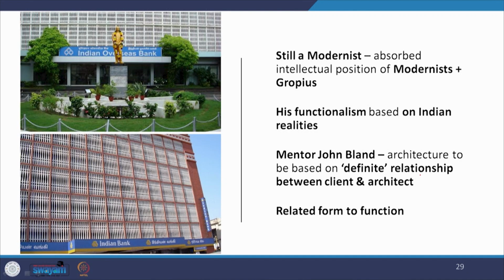And so his mentor John Bland, Pitavadian's mentor, defined his architecture by the definite relationship between the client and the architect. Now these buildings are also ranging form to function.